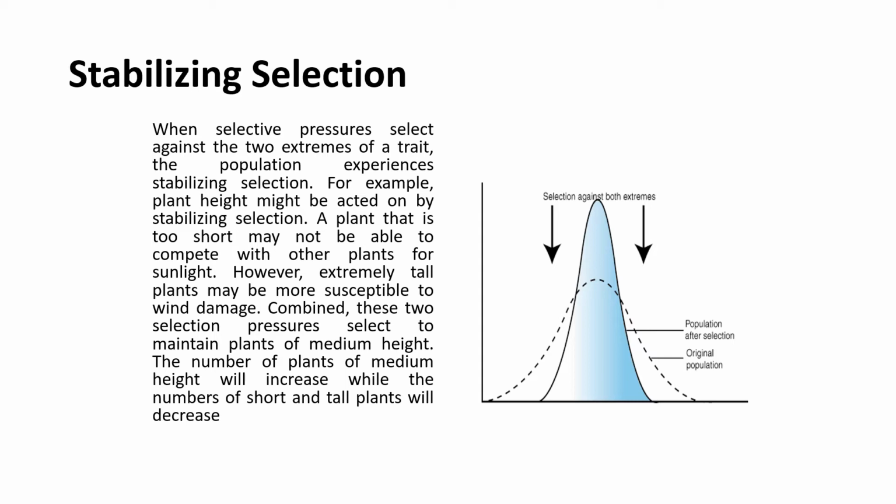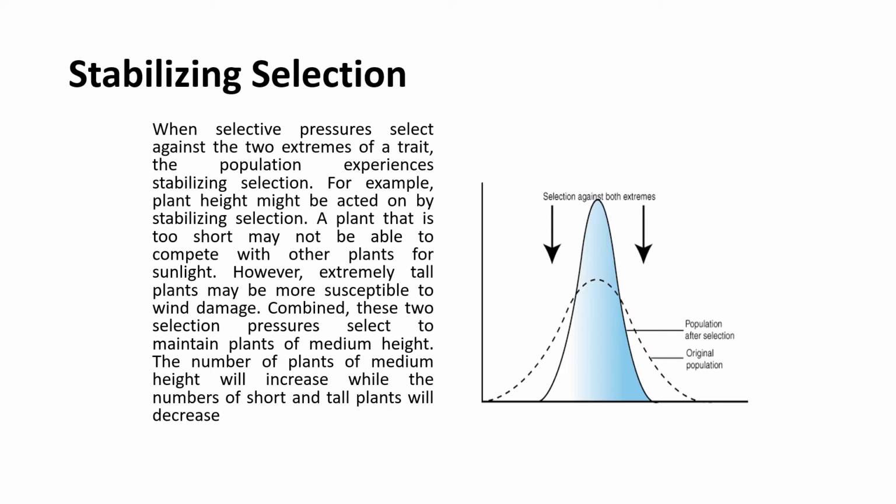Now in an environment where they are planted, the plants which are too short will be competing with the medium as well as long sized plants for sunlight. Because it's too short, it may not get the sunlight that it requires. On the other hand, the extremely tall plants may be more susceptible to wind damage. Now you see, it's plants, it's not trees.